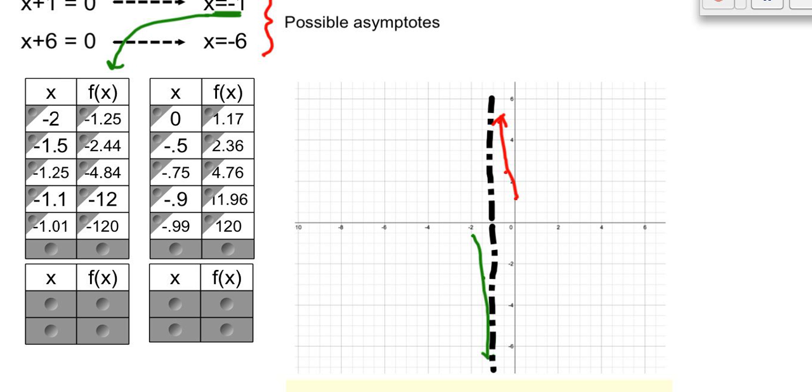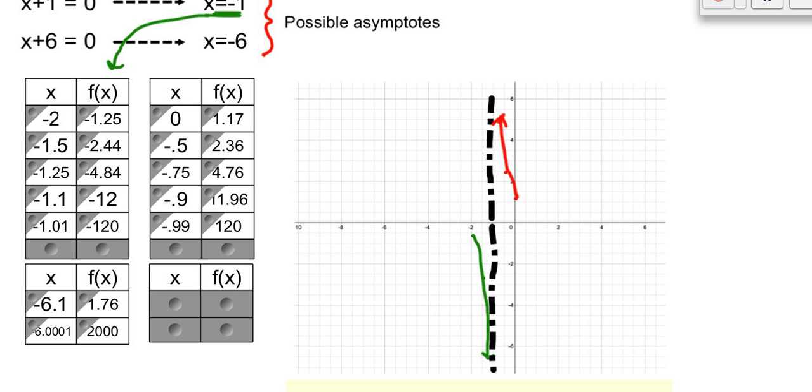Great, but we said we might have an asymptote at x equals negative 6 as well. So let's see what happens. Instead of checking all these points, let's just see what's happening as we get really close. So let's just check a couple. Negative 6.1 is at 1.76, and negative 6.000001 is up at 2,000.